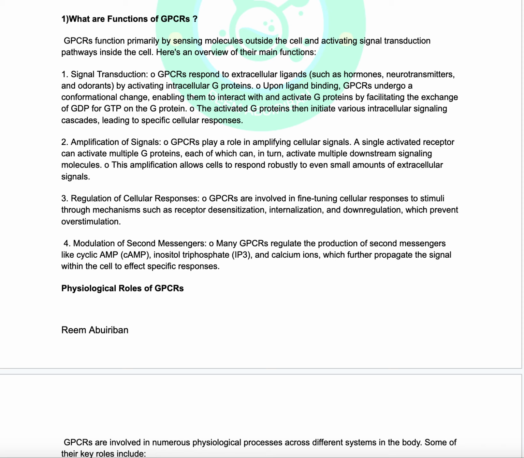So the single activated receptor can activate multiple G proteins, each of which can in turn activate multiple downstream signaling cascades, so multiple events happen. This amplification allows cells to respond robustly, strongly, to even small amounts of extracellular signals. That means maybe it's a small signal, but the G protein amplifies it, and this will lead to a huge response to these signals.